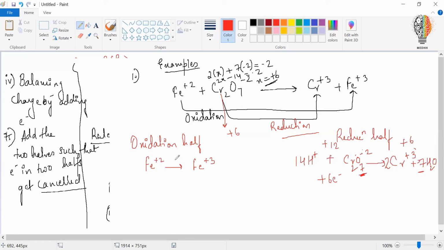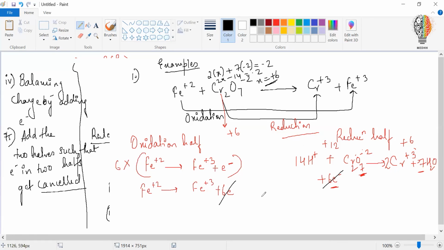You can see there is +2, here it is +3, so I need to add one more electron so that the charge gets balanced. Now, if I want to combine both of them, I need to cancel out the electrons. How many electrons are present over here? 6. So I need to multiply it by 6. If I multiply it by 6, what I'm going to get is Fe plus 2 to Fe plus 3 plus 6 electrons. Now the reaction has almost got balanced.